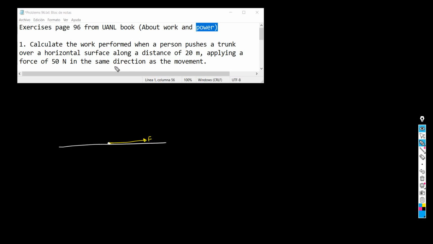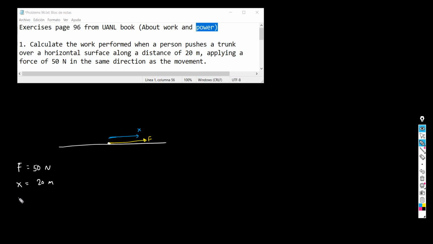Then they tell you that this force is in the same direction as the movement, so let's draw the displacement also in the same direction. We have the vector of force, the vector of displacement, and therefore we can already see right away that we have the force, which is 50 newtons, and the displacement, which is 20 meters.